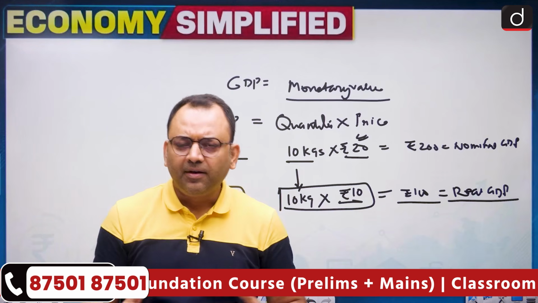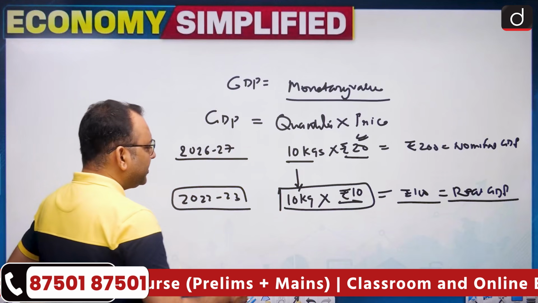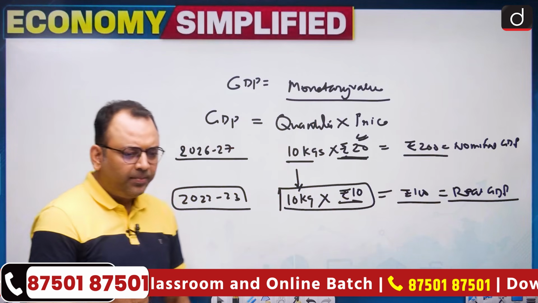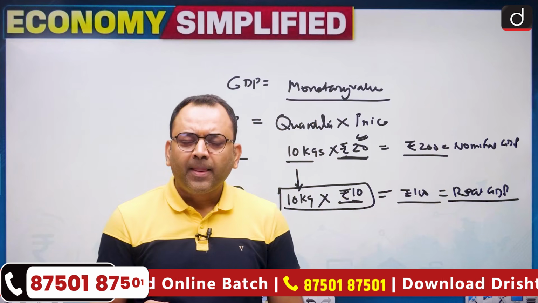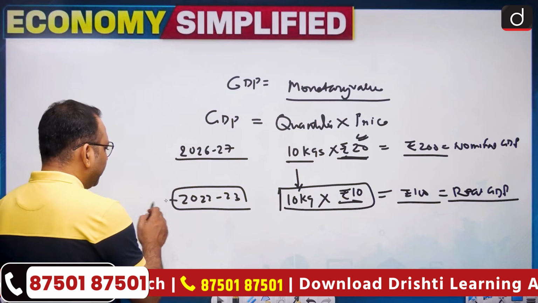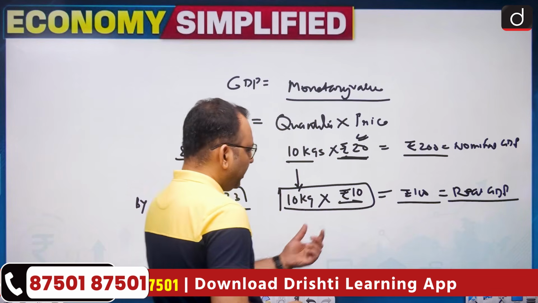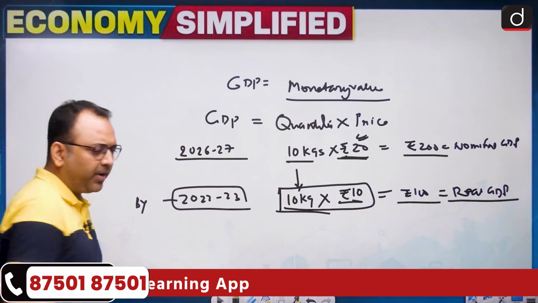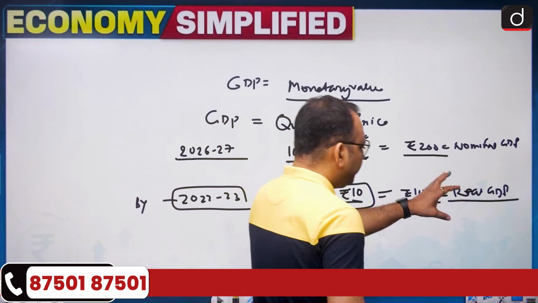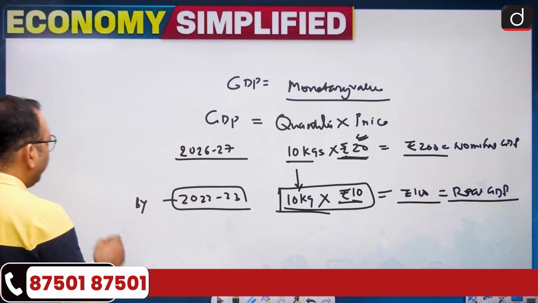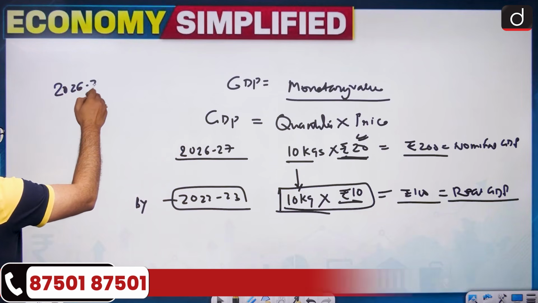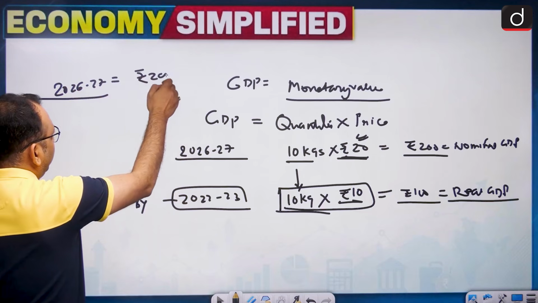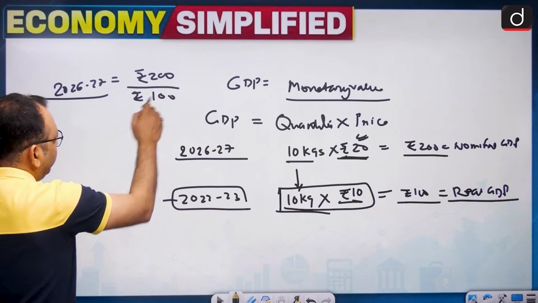I hope you are clear that in a given year the prices may be highly inflated because of any reason, say pandemic, war, etc. So this price is inflated, so the GDP is nominal GDP. But suppose we believe that the price should be rupees 10, and this is the price of the base year, so this is the GDP of the current year based upon the base year prices. So this is called the real GDP. For the given year 2026-27, the nominal GDP is rupees 200, the real GDP is rupees 100.